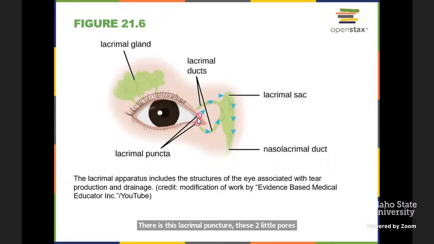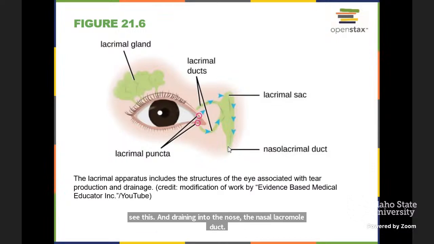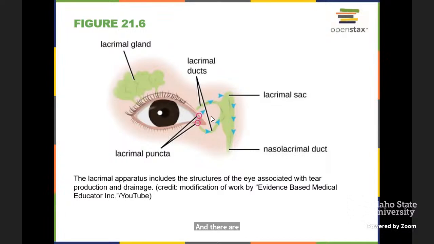We can see this, and draining into the nose, the nasolacrimal duct. And there are potentials, colds and things like that, where we can see some blockages. Oftentimes with little kids, we can see issues where they get super snotty and the puncta gets kind of plugged up and their eyes get really goobered up because they can't flow through like they truly should.